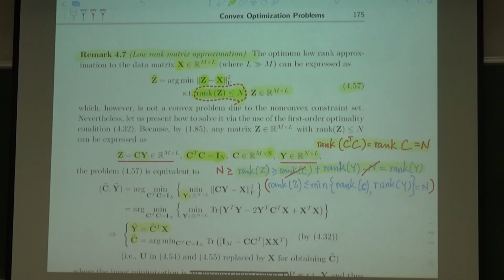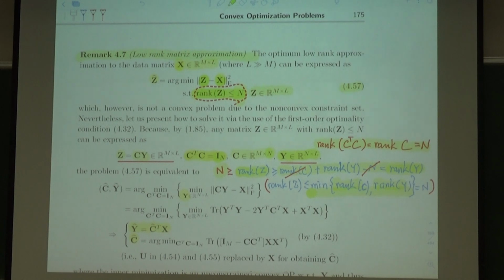So we end up with rank Y less than or equal to rank Z. Then rank Z is at most N because Z is C times Y. By the rank inequality, the rank is at most the minimum of rank C and rank Y. Y is a huge matrix, but the maximum rank is N, and in C, the rank is N.